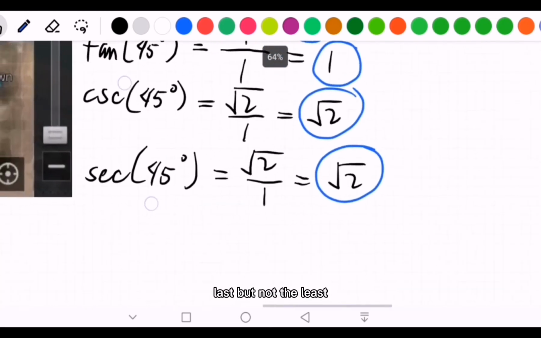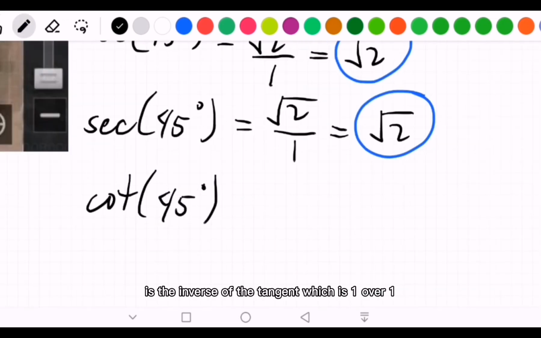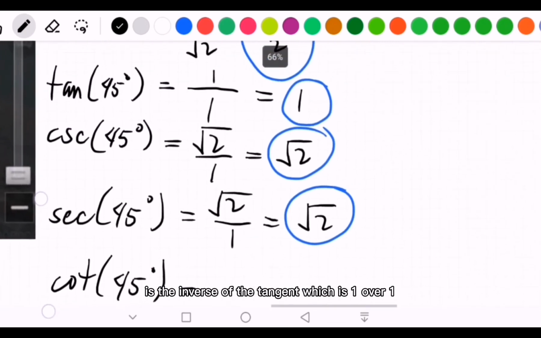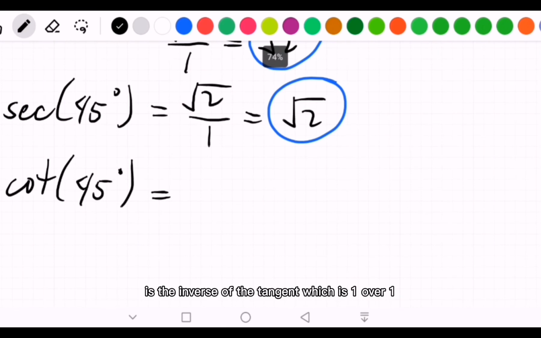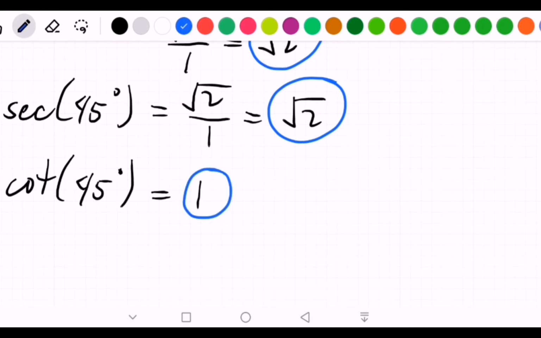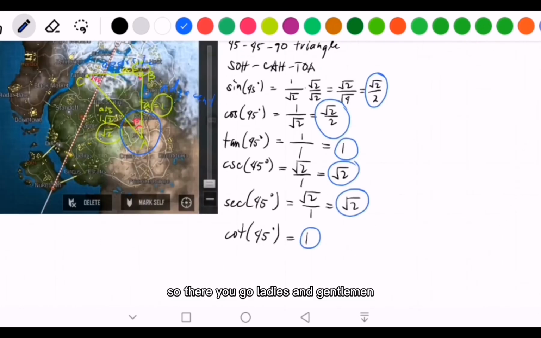And last but not least, the cotangent of 45 degrees is the inverse of the tangent, which is 1 over 1, or simply still 1. The inverse of 1 is 1. So there you go, ladies and gentlemen. These are the six trigonometric ratios of the 45-45-90 triangle.